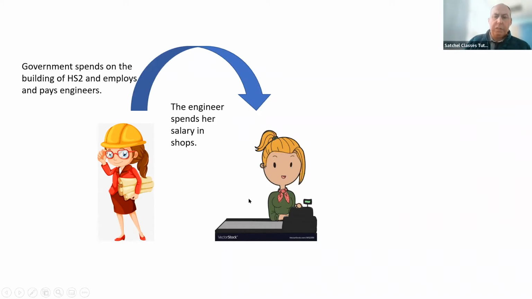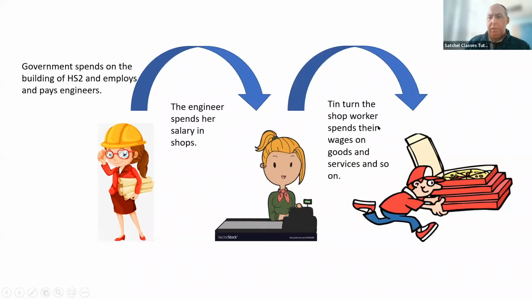That shop worker gets paid for working in that shop, and she, in turn, will spend their wages on goods and services. So you can see the money the engineer spends is multiplied out across the economy.